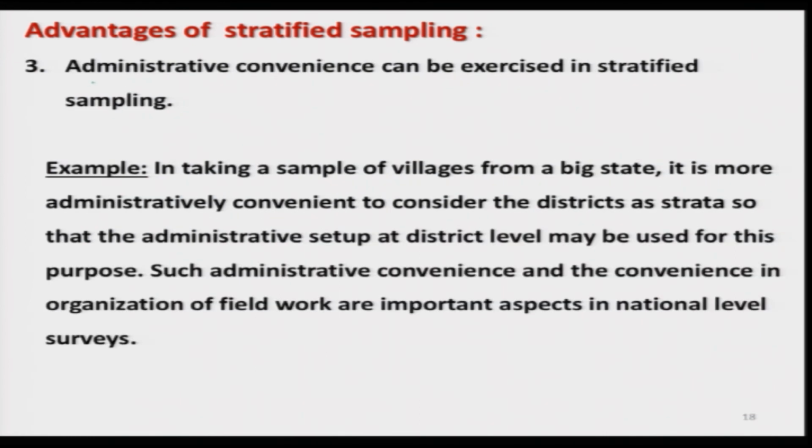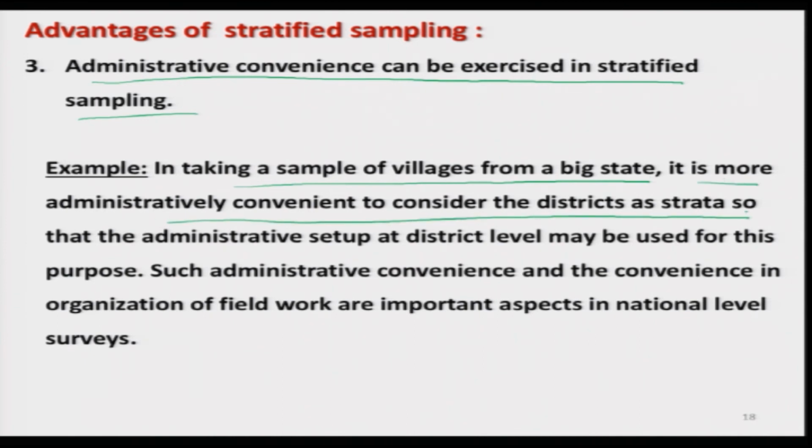Thirdly, administrative convenience is a great help in stratified sampling. For example, taking a smaller sample from a smaller population is much easier than taking a bigger sample from a bigger population directly. If you want to take a sample of villages from a bigger state, it is administratively more convenient to consider the districts as strata, and from each district one can draw the villages.